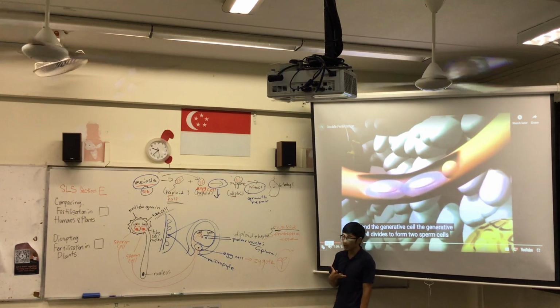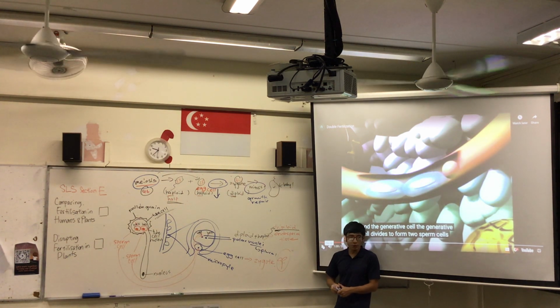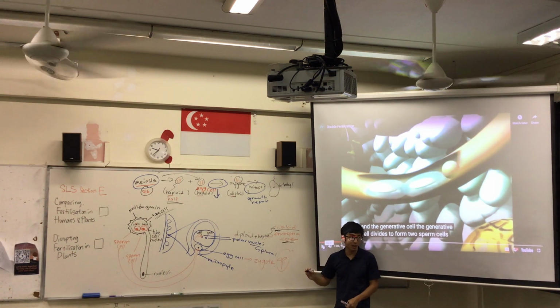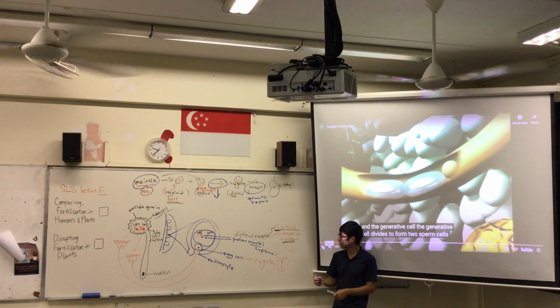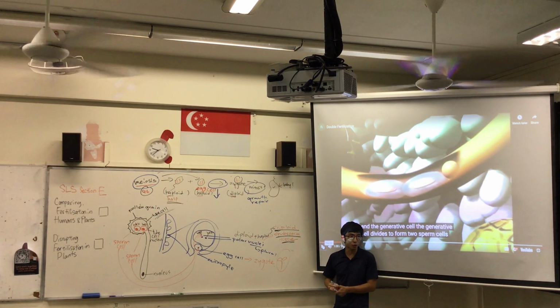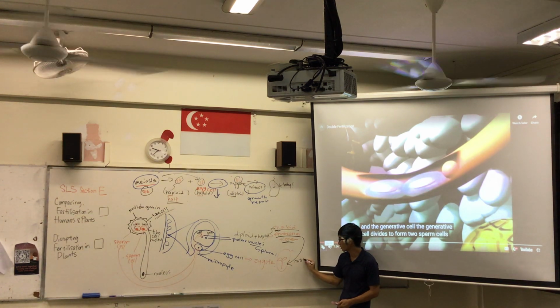But I'd like to elaborate a little bit about what endosperm tissue is. The word tissue means it's made up of many cells. The function of this is to provide nutrients to this baby over here.